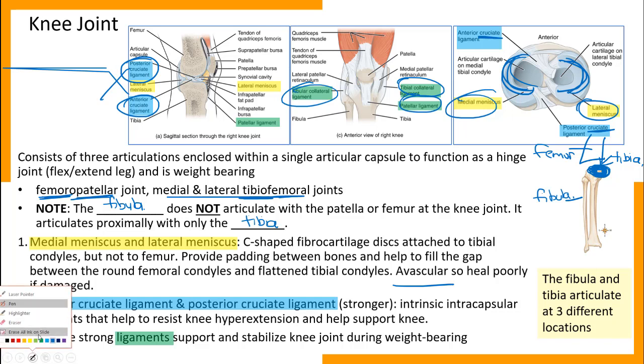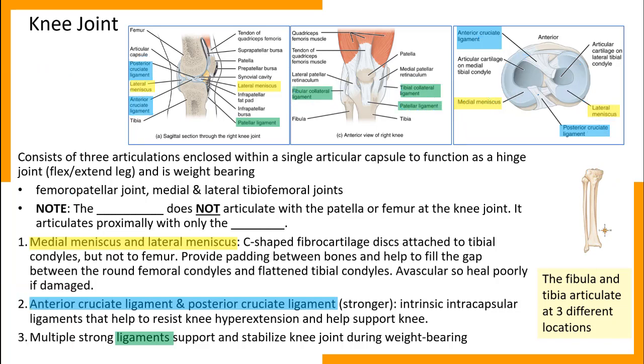So you can see that in the diagram on the right-hand side. Again, the ligaments are there to actually duct tape the bones of the knee joint together because it doesn't fit very well.